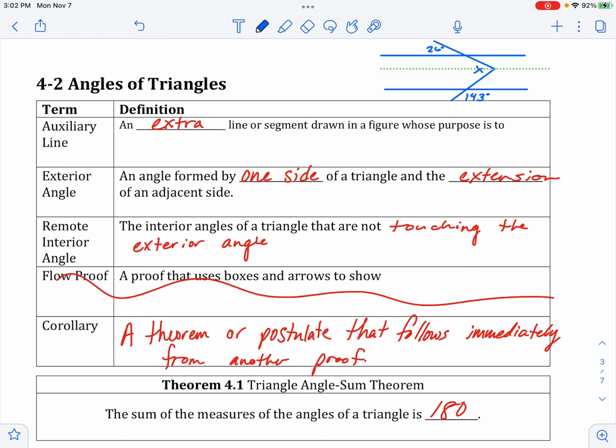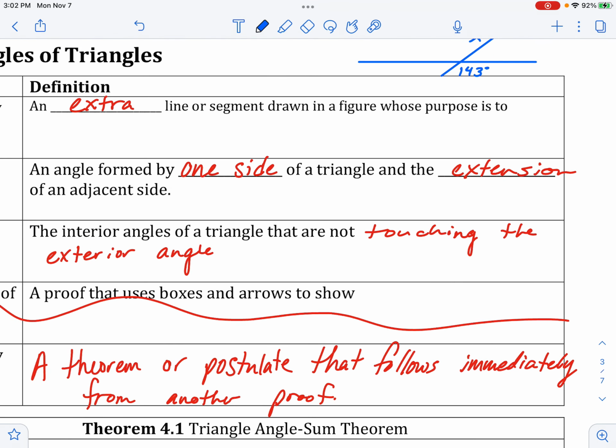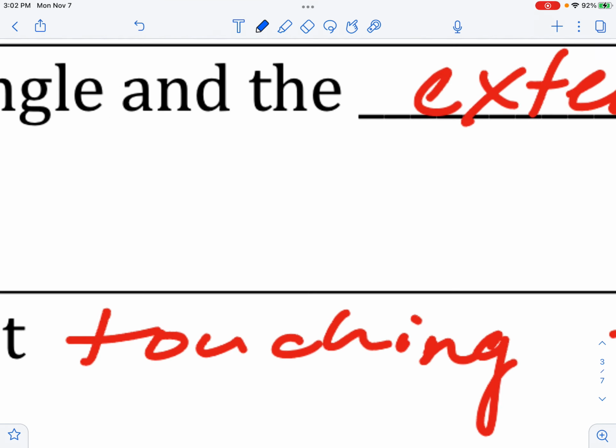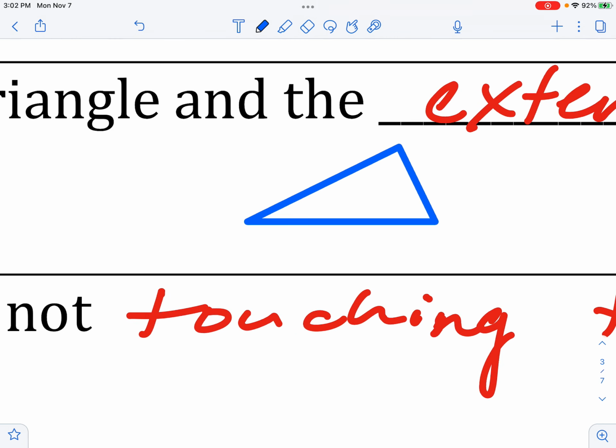An exterior angle is an angle formed by one side of a triangle and the extension of an adjacent side. So if I have my triangle like this, an exterior angle would be out there. If I extend the bottom side of that triangle, I get an exterior angle. The next definition, the remote interior angles, I always think of this as like, if you're on a remote desert island, you are nowhere near civilization.